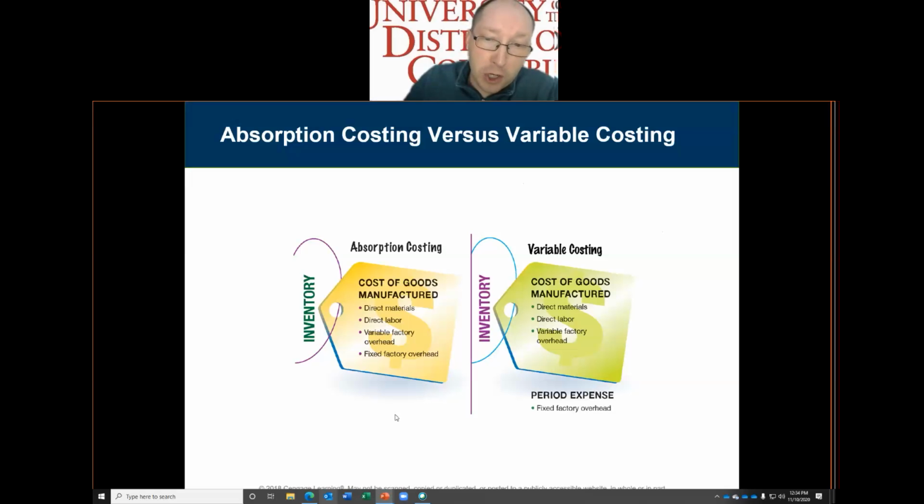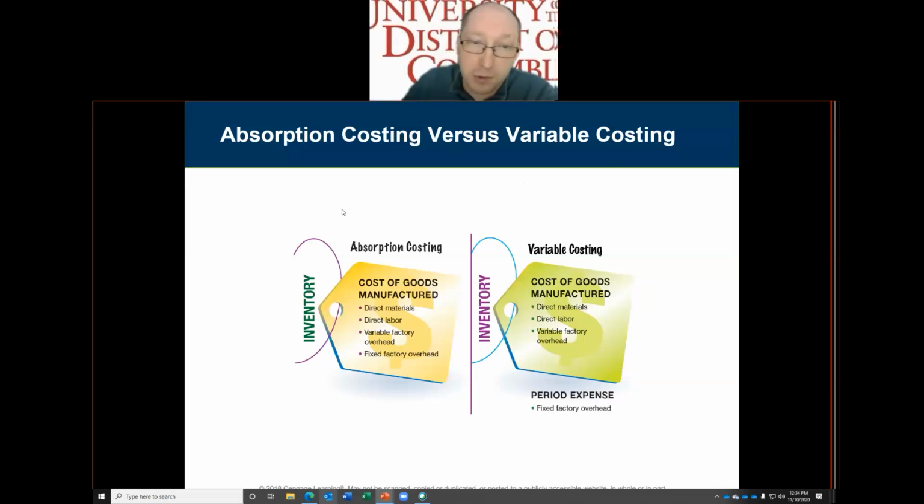In absorption costing, we absorb the cost. We absorb direct materials, direct labor, variable factory overhead, and fixed factory overhead. In variable costing, we take direct materials, direct labor, and variable factory overhead. We recognize that fixed factory overhead is an expense.